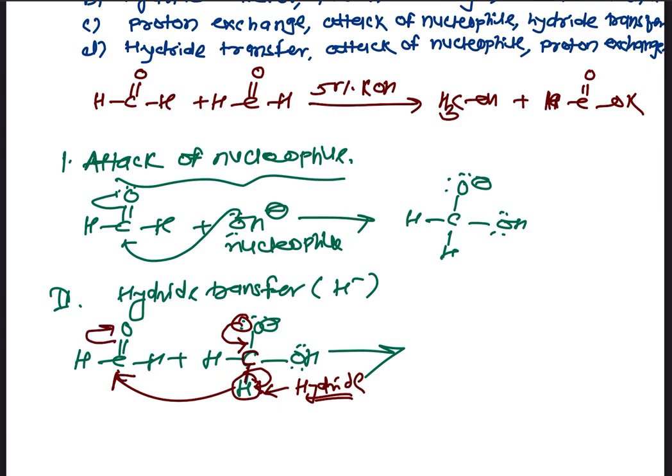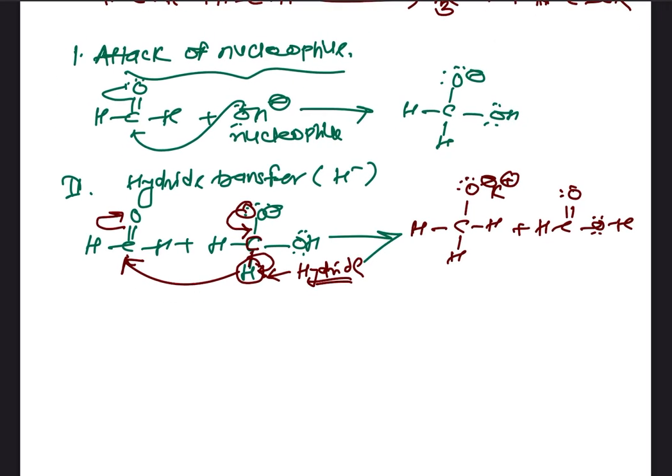It is like this, and here formation of O minus. We have K plus because potassium hydroxide is K plus and OH minus, and here it is a formic acid like this.